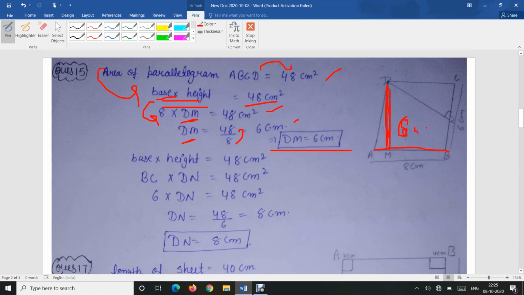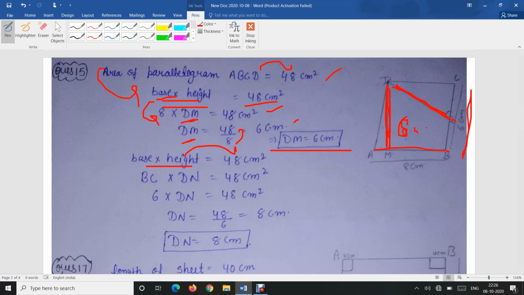Now if we talk about the next case, in this case BC is the base and DN is the altitude, or you can say that DN is the height of this base. So base multiplied by height is also equal to 48 centimeter square because the area of the parallelogram remains the same.